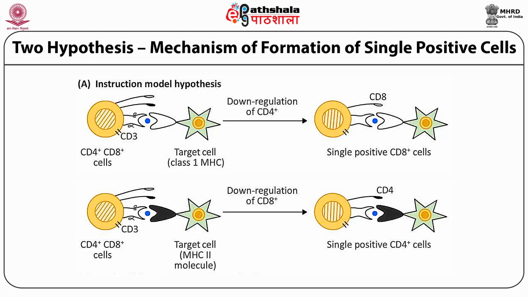Similarly, interaction of double positive CD4 CD8 cell with thymic stromal cell expressing MHC2 molecule instructs the cell in such a way that it starts showing lower expression of CD8 and high expression of CD4, and the cell further differentiates into single positive CD4 cells.